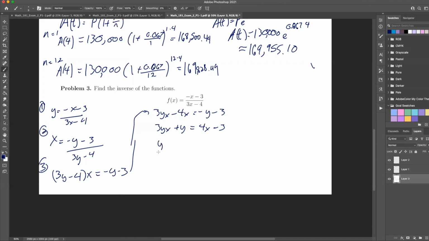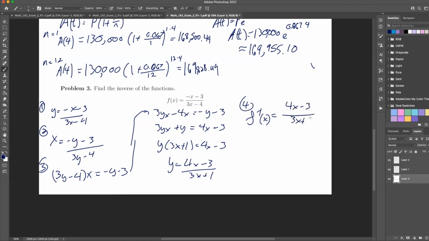Factor out the y, so I'll have y times 3x plus 1 equals 4x minus 3. And then here we have y equals 4x minus 3 divided by 3x plus 1. And then for step 4, we just write f inverse of x is equal to 4x minus 3 over 3x plus 1. Okay.